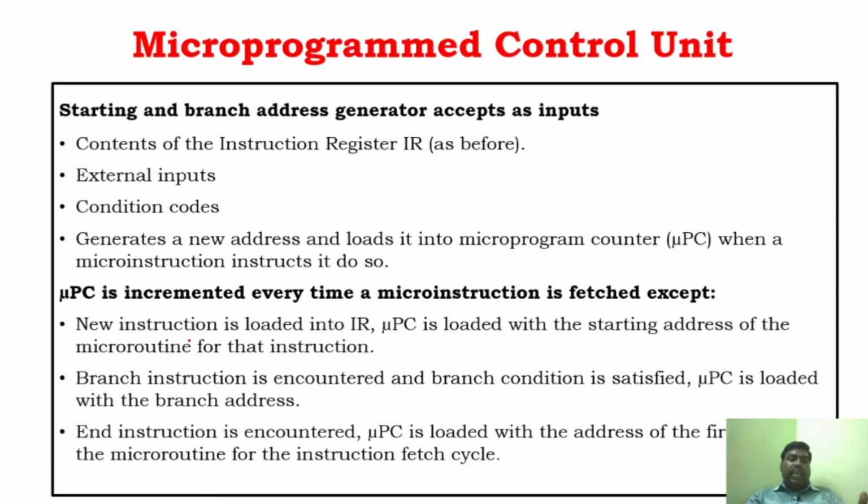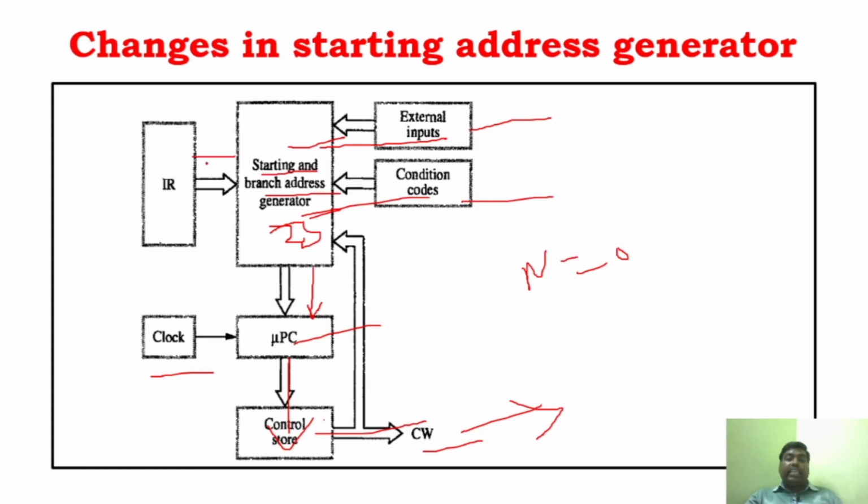So you can see here, when a new instruction is loaded in IR, the microprogram counter is loaded with the starting address. Whenever there is a normal instruction, the starting address will be loaded, and the PC count will be incremented. And if it is a branch instruction and the branch condition is satisfied, the program counter is loaded with the branch address. That is why here we use starting and branch address.